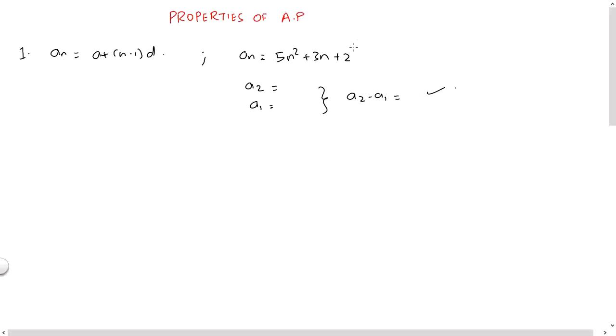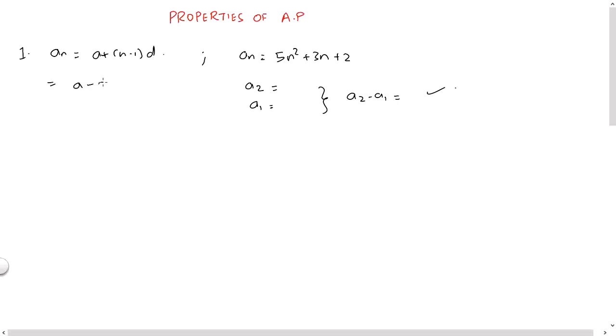The reason is that there is a problem with the question itself. Here they have given that the nth term of the arithmetic progression is 5n square plus 3n plus 2, which is not possible, because if you see the nth term of an arithmetic progression, that is a plus (n minus 1) into d, this we can simplify. a and d are some real numbers, so a plus nd minus d.